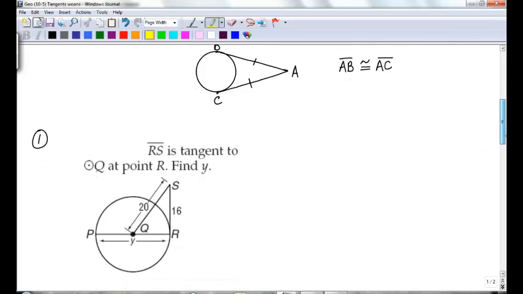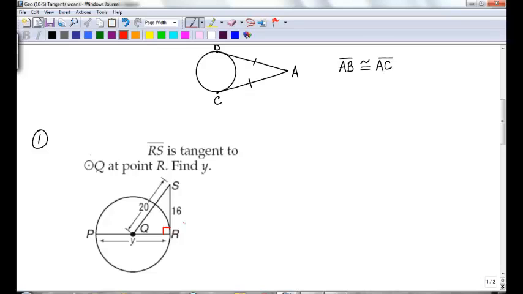So now let's look at some examples. They give you this circle, and segment RS is tangent to circle Q at point R, and they want you to find y. If that is tangent, then you know this is perpendicular, so mark it that way. So that means what kind of triangle? A right triangle.